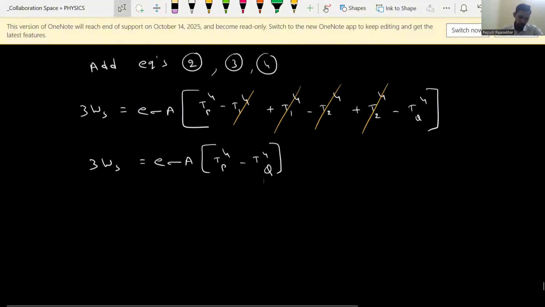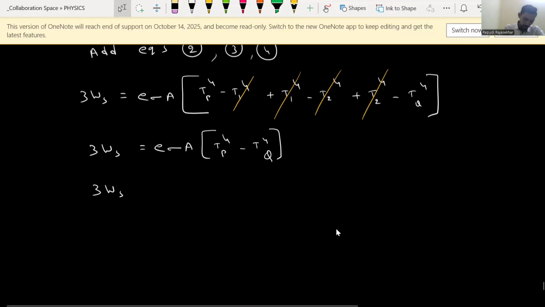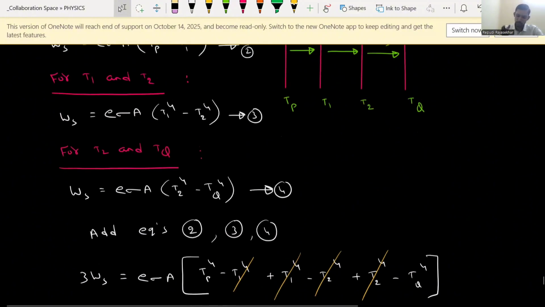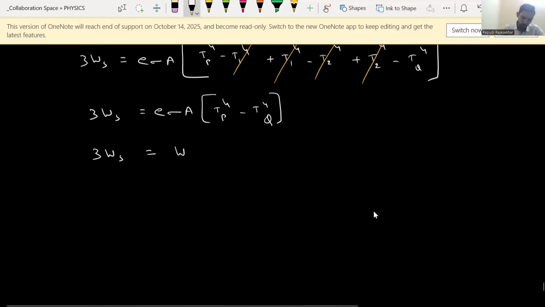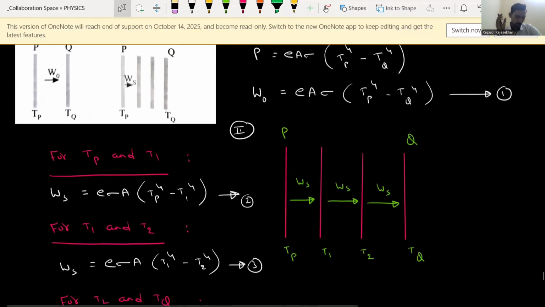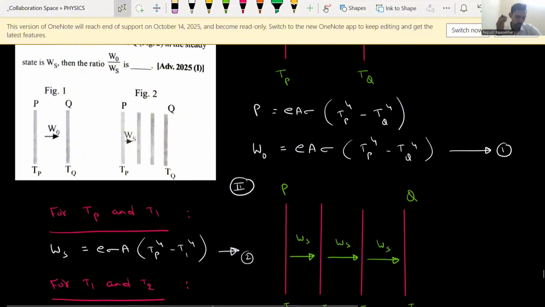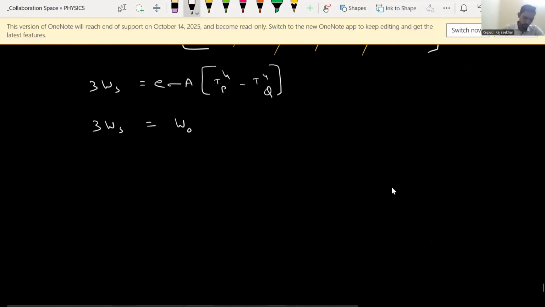But we already know from equation 1 that this is W naught. Clear? In the question they're asking for the ratio of W naught by Ws. Therefore W naught divided by Ws equals to 3. This is the required relation.